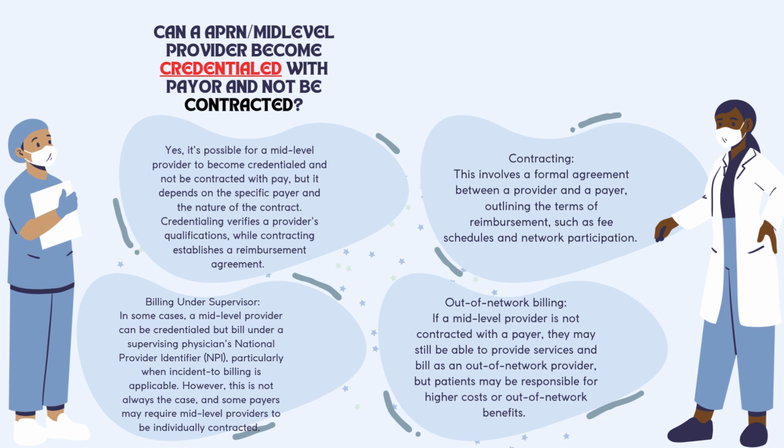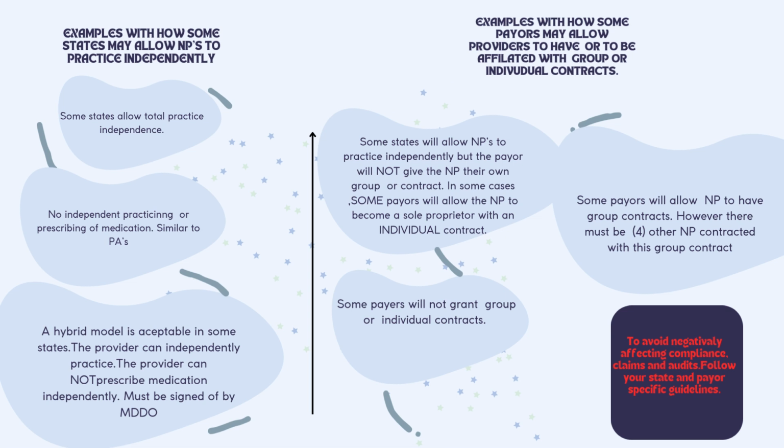Out of network billing. If a mid-level provider is not contracted with a payer, they may still be able to provide services and bill as an out-of-network provider, but patients may be responsible for the higher costs of out-of-network benefits. Here are some examples of how some states may allow MPs to practice independently.